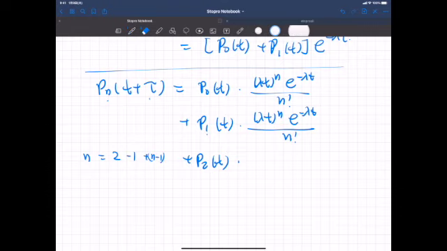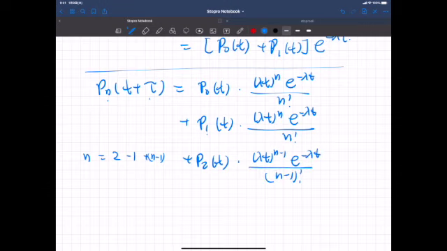So that probability should be lambda tau to the power of n minus 1 over n minus 1 factorial. Okay, and it goes on. So three customers, you should think about it.